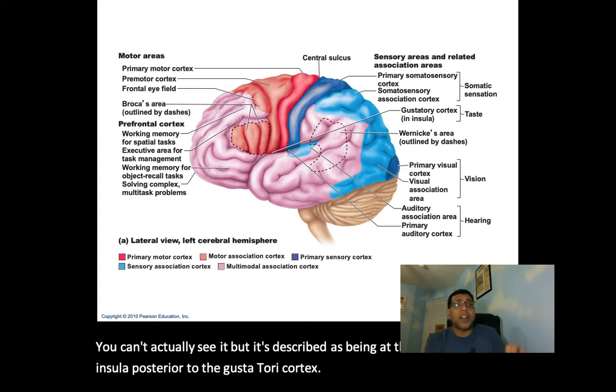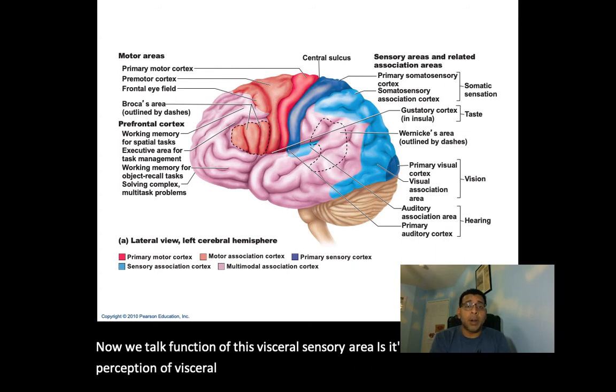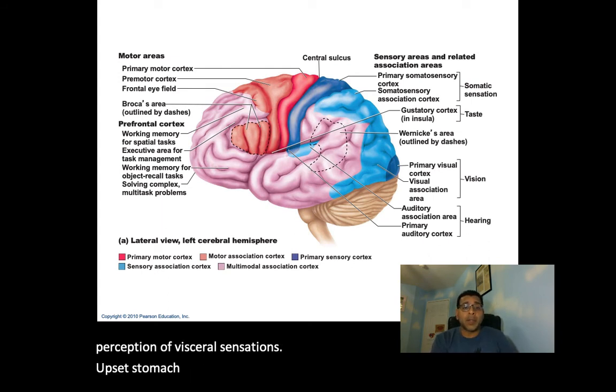Now, function of this visceral sensory area is it's involved in the perception of visceral sensations. Upset stomach, full bladder, let's say, for example, all thanks to this visceral sensory area.